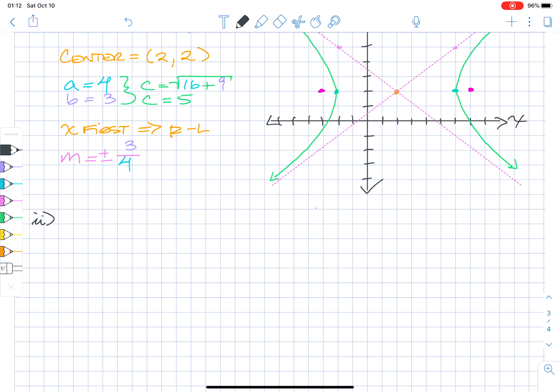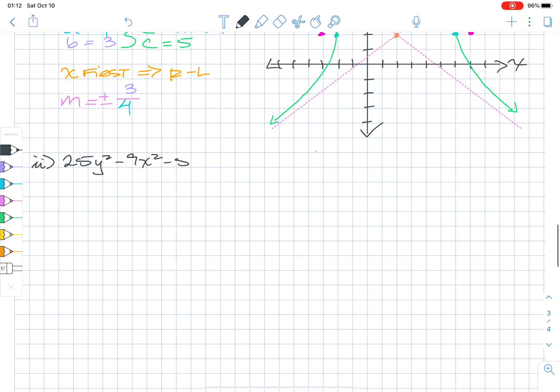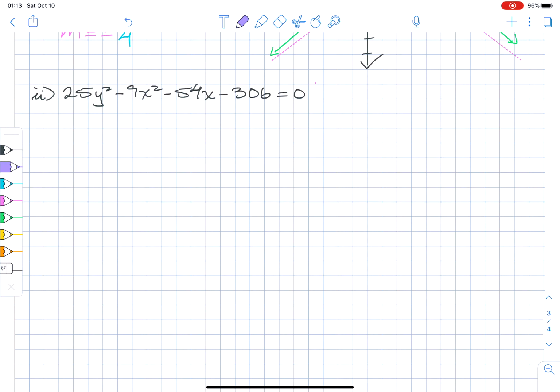We have 25y squared minus 9x squared minus 54x minus 306 is equal to 0. Okay, so let's color code here. We have 25y squared minus 9x squared minus 54x minus 306 is equal to 0.